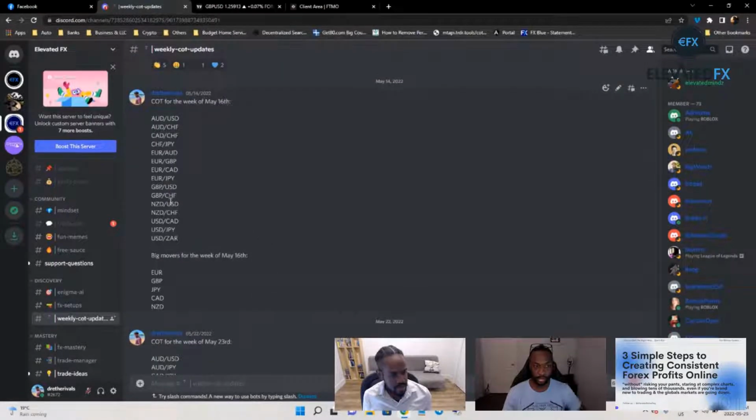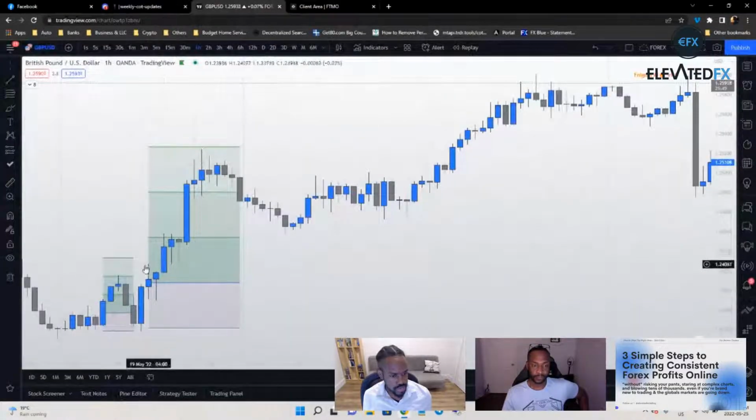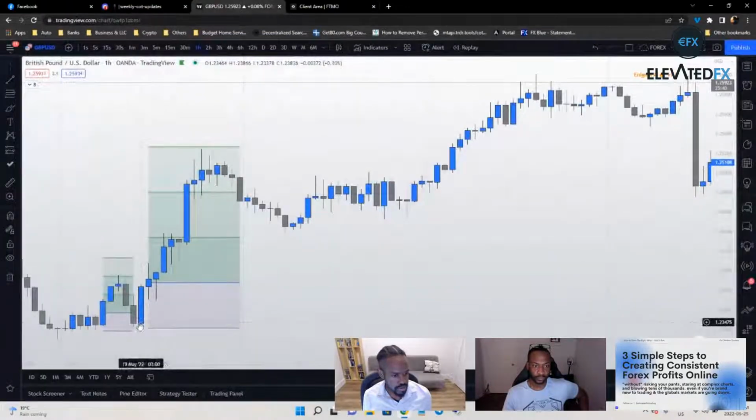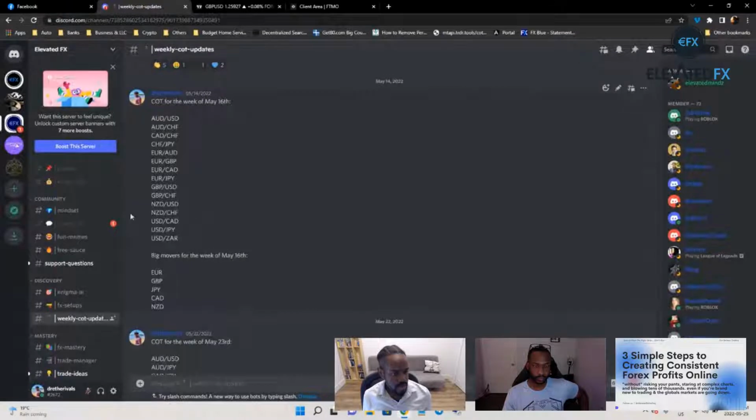Exactly. And if we're looking at the actual pair that we were looking at, it was GU, for the last week. If you look at what I posted last week before the actual move was done, that was on the 14th. I always do my analysis on the weekends and put it there before market opens on Sunday night.